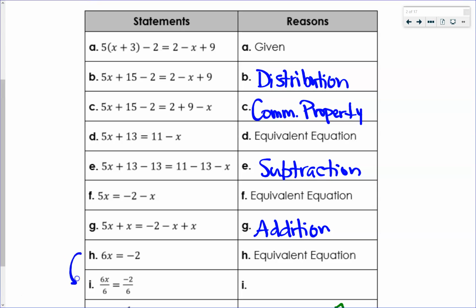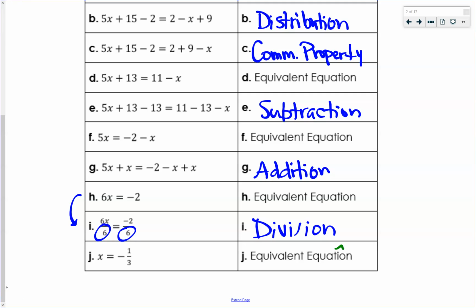Then from H to I, they are dividing by 6 on both sides, so this is division. And then we have our equivalent equation. Once they do divide, we get x equals negative 2 over 6, which simplifies to negative 1/3. So that's a good summary of the first two topics together.